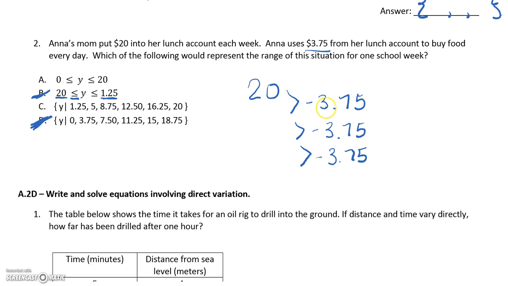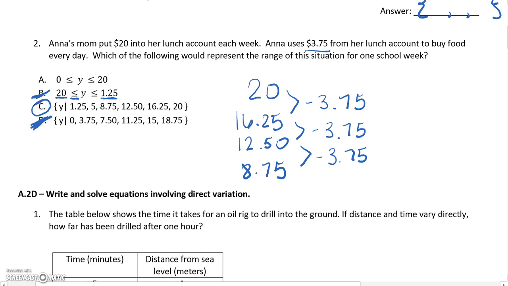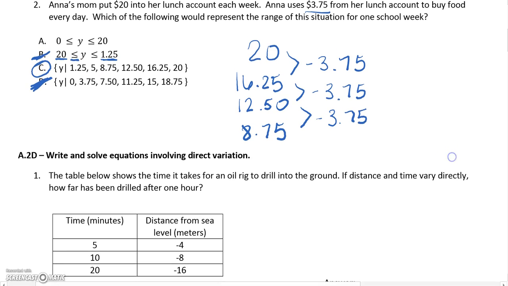So if you subtract $3.75 from 20, you would get $16.25. Then you would get $12.50. And then you would get $8.75. So the only answer that looks like that is answer choice C. They just put it in order from least to greatest like you were supposed to do on problem 1.